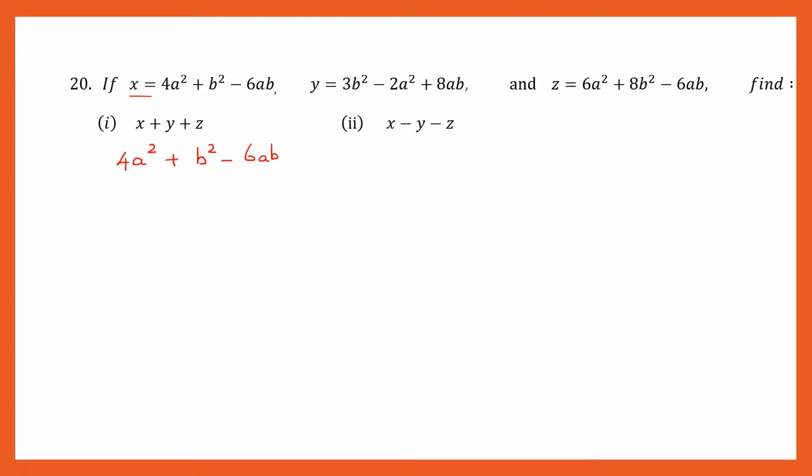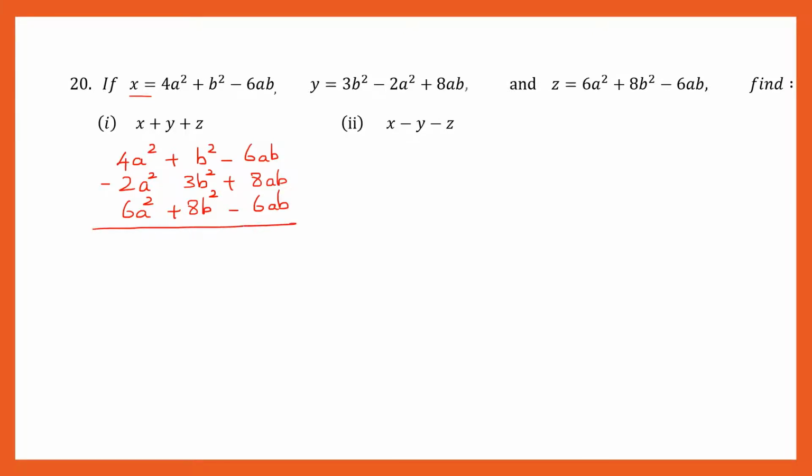Plus y. Y, let's write it down, 3b square minus 2a square plus 8ab, and z is 6a square plus 8b square minus 6ab.